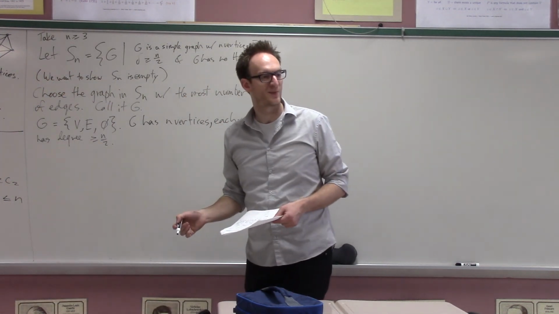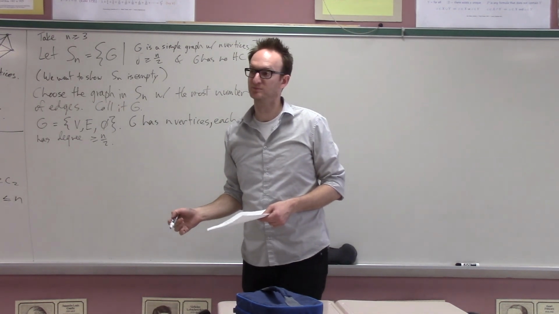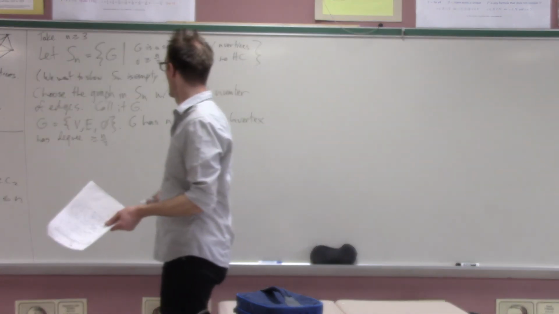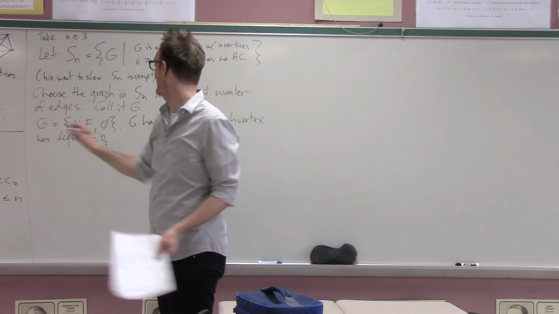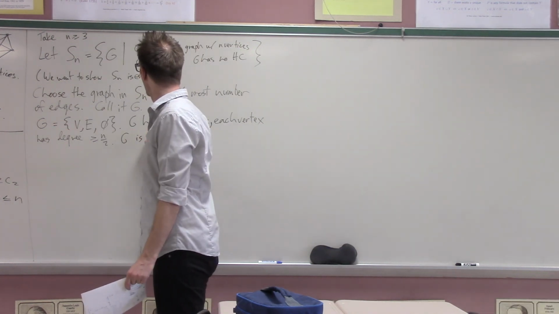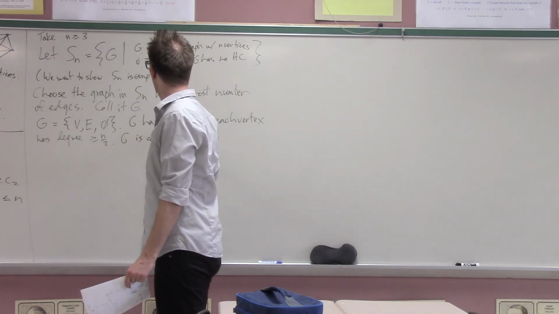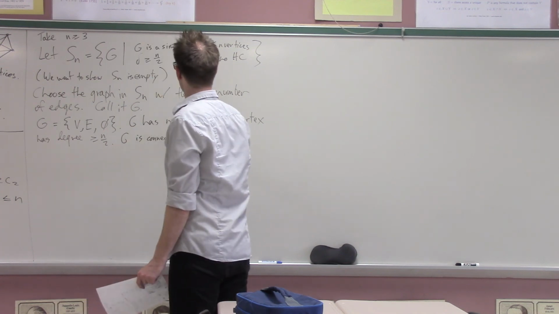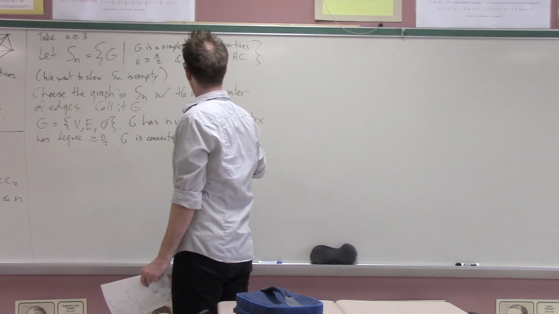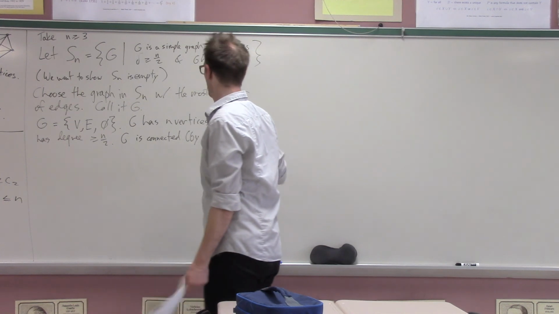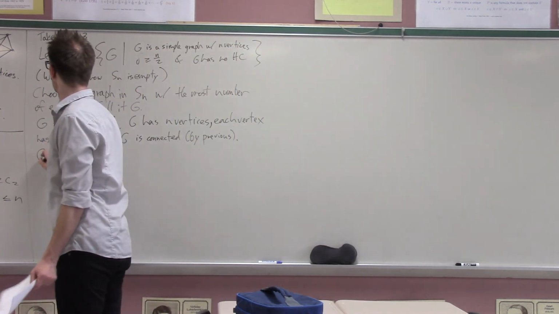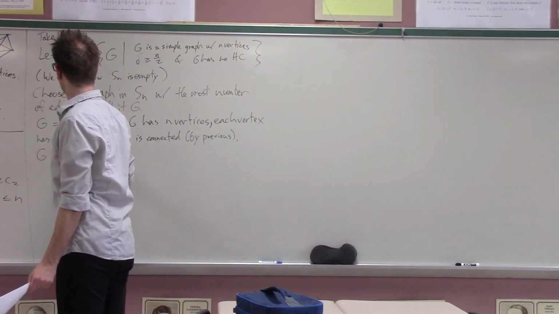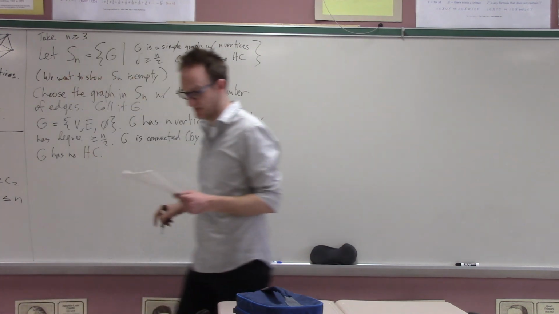Also, what else about G? It's connected by the lemma. Yeah, sure. So G is connected by previous arguments. Also, G has no Hamiltonian cycle, because that's precisely how we constructed the set.